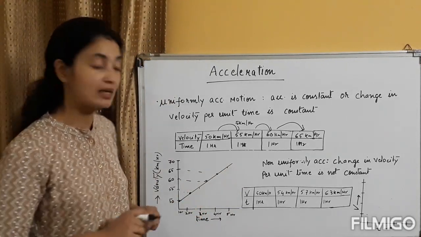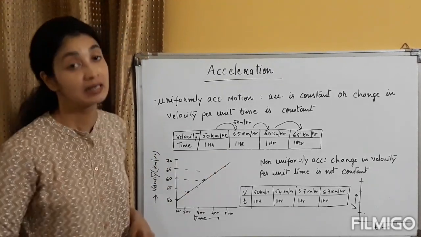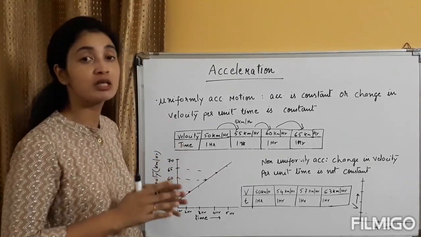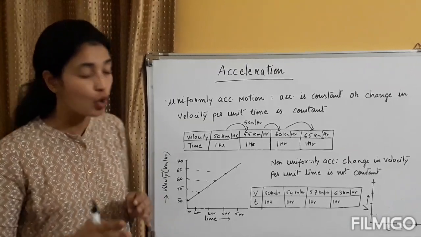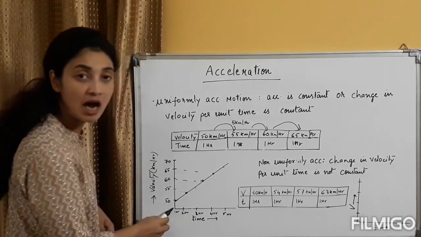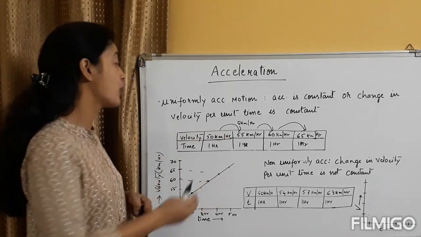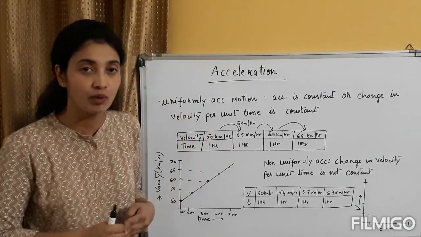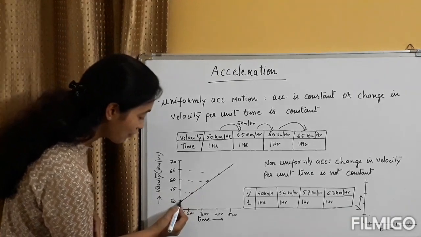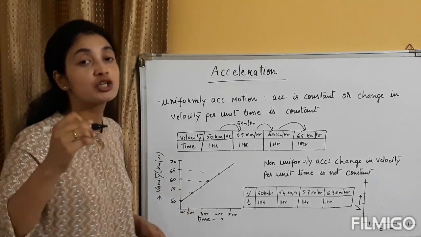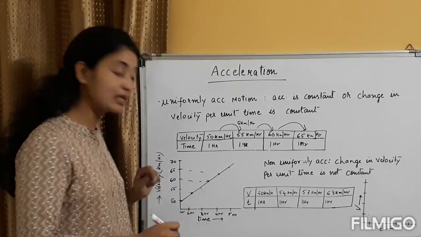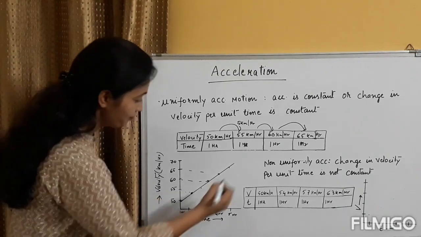For uniform acceleration, we are getting a straight line. If the initial velocity is known to be 0, then our graph will start from the origin. But here we have mentioned nothing about the initial velocity. We are taking 50 as the initial velocity, so we are starting the graph from here. If the initial velocity is mentioned to be 0, then we can start it from the origin.